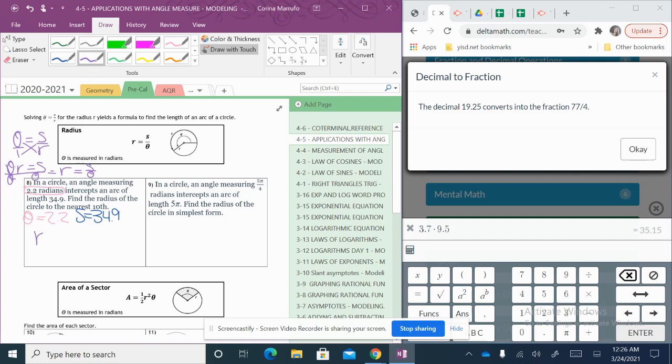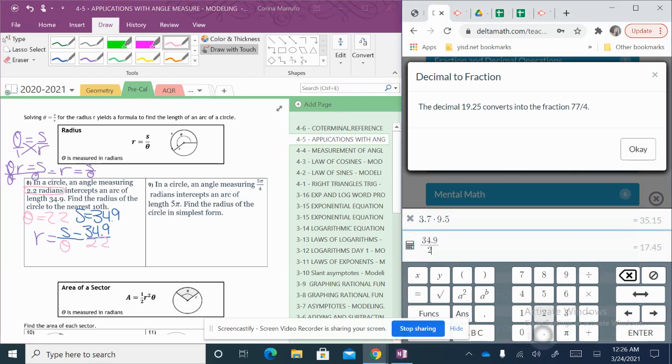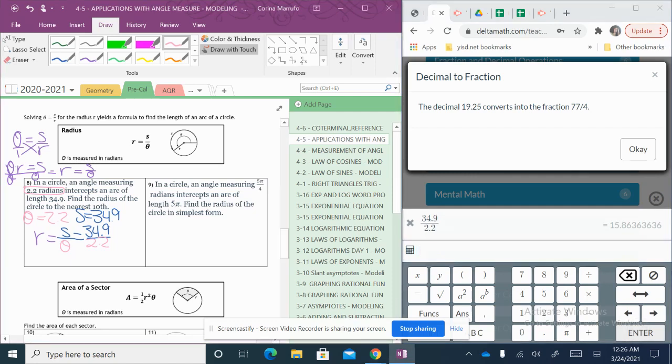So R is equal to S, which is 34.9, divided by theta, which is 2.2. So I'm going to go ahead and substitute those numbers. They do want us to round to the nearest tenth. So when I put that in my calculator, 34.9 divided by 2.2, that gives me 15.9. R equals 15.9.